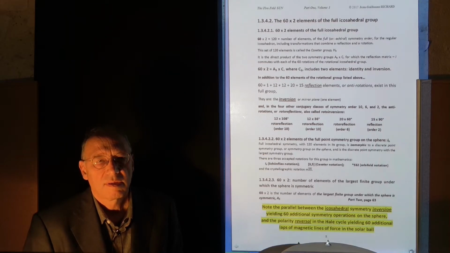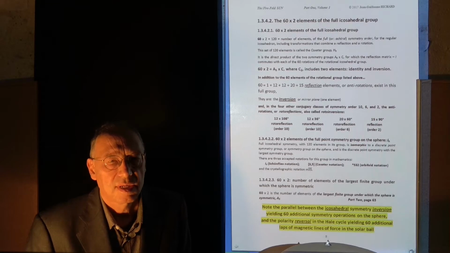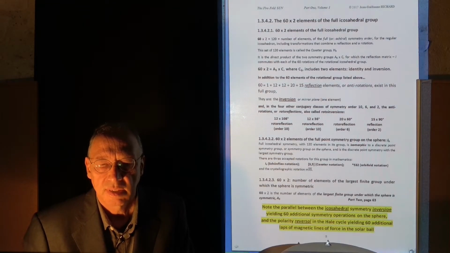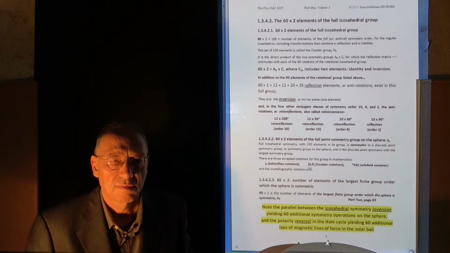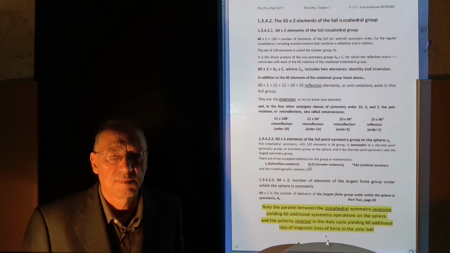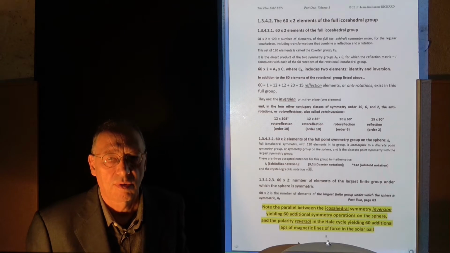This parallel is with the polarity reversal in the Hale cycle, which yields in the magnetic evolution of the Sun an additional 60 laps of magnetic lines of force in the solar ball.